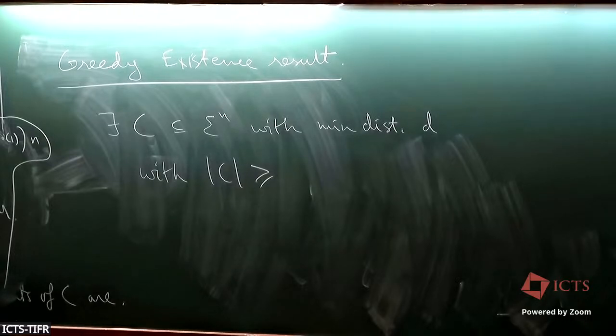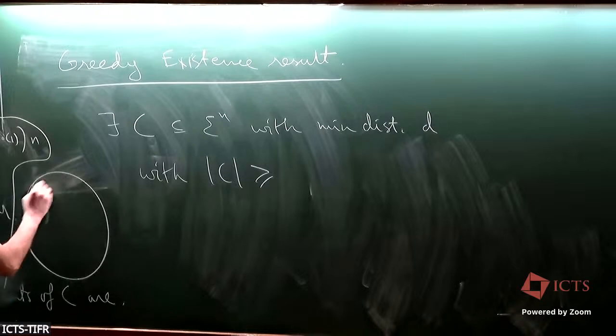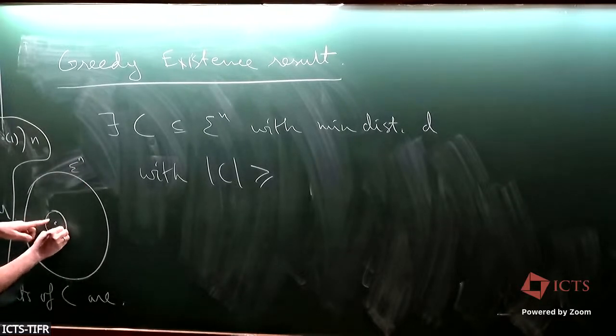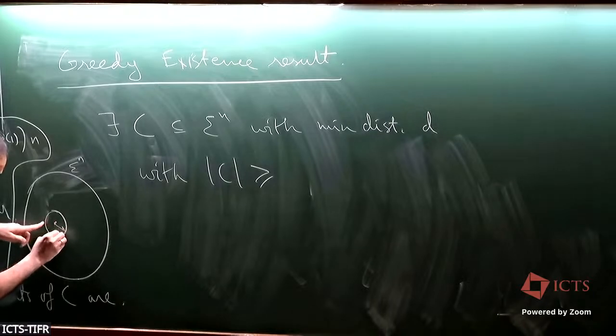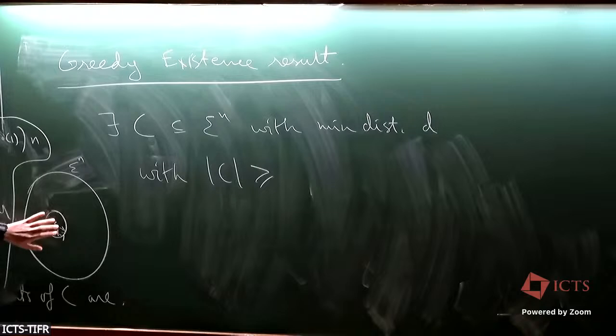Now this eliminates a whole bunch of other points from being allowed in your code. That entire Hamming ball, so this was all of sigma to the n. I took a point and the entire Hamming ball of radius d minus 1 is eliminated from being allowed in your code again. Okay, now just take another point.